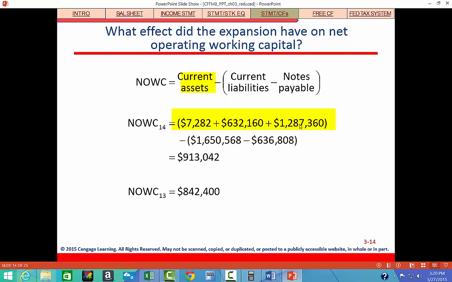They're your operating current assets minus your accounts payable and accruals, which is the same thing as saying take the current liabilities and subtract out notes payable. And so you get the net operating working capital increase to 913,000 from 2013, where it was 842,000.